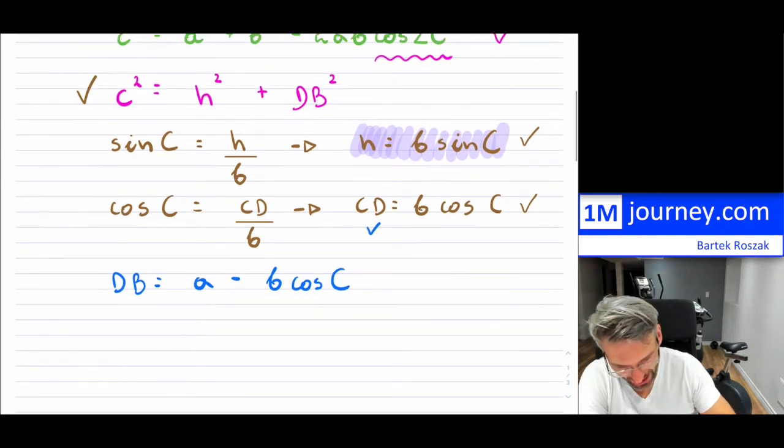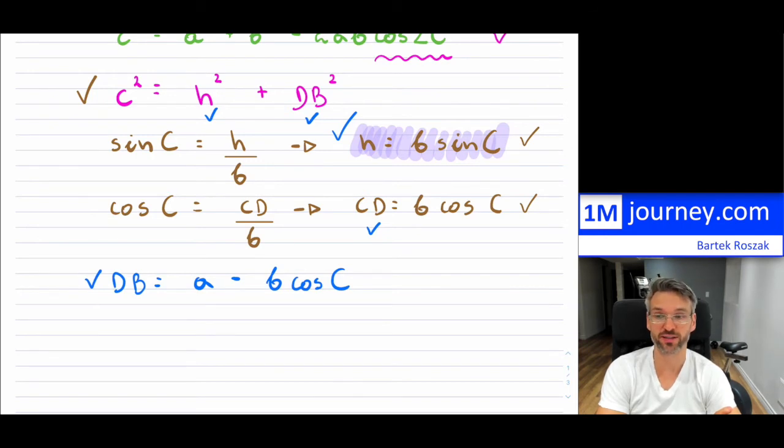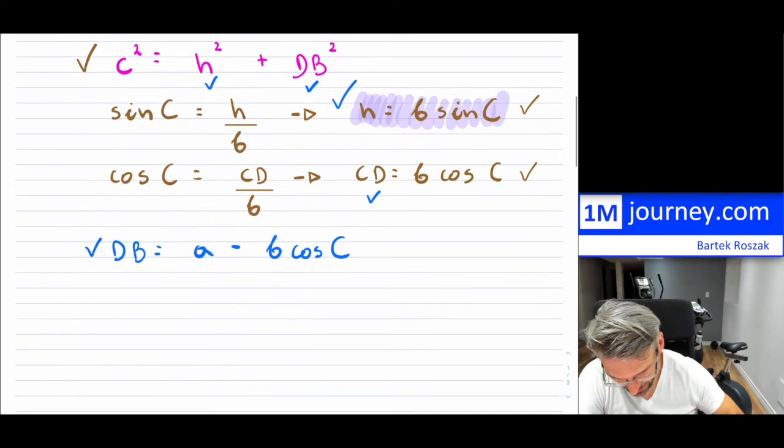CD is just B multiplied by the cos of the angle C. So now I have H right here, and I have dB right here, which I can substitute inside. And you'll see that once I substitute, we're going to get into our cosine law. So let's do that substitution.